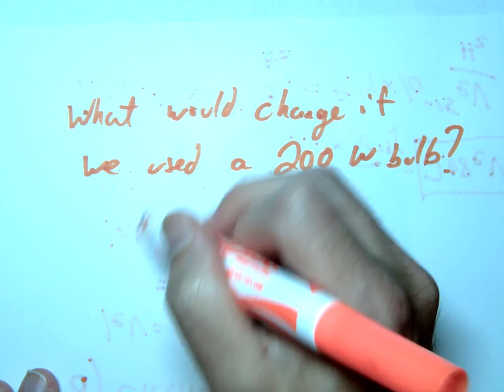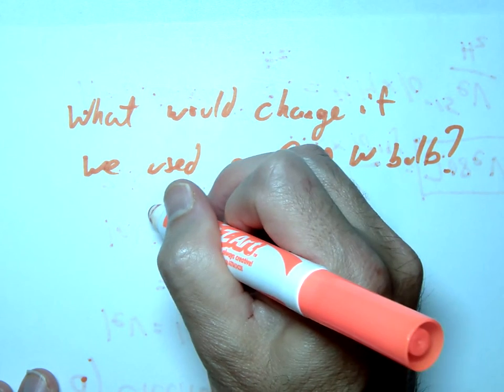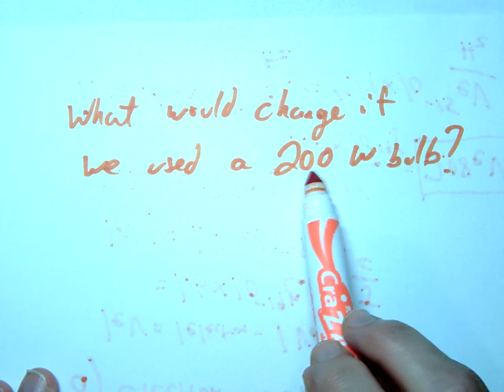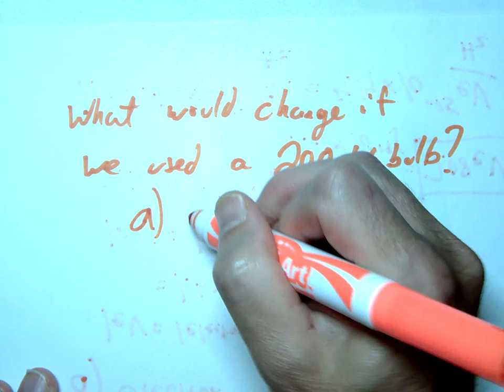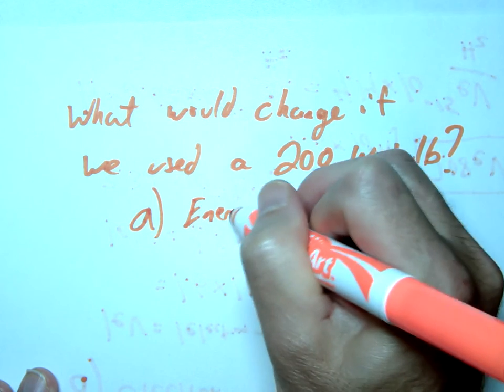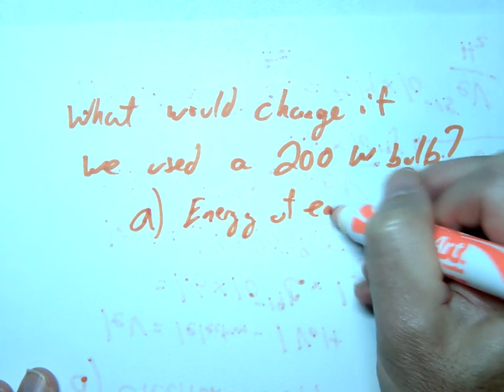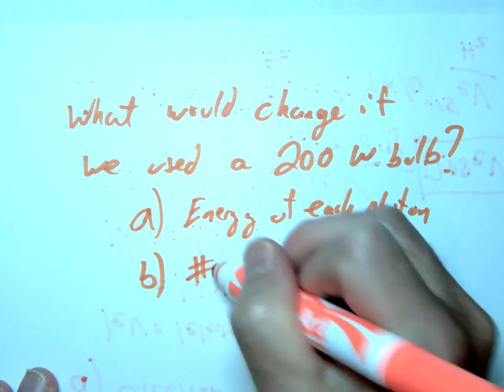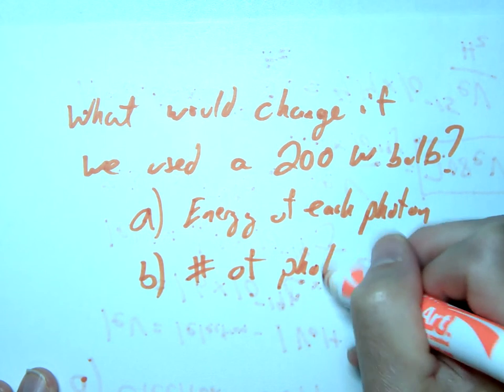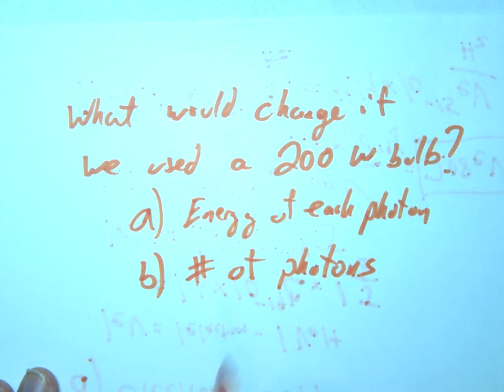One would be the energy of each photon, because we're increasing the energy, right? This is 200 joules per second now. So I want you to think about what would change: the energy of each photon, or the number of photons. So in other words, if we increase the brightness of the bulb, would this cause each photon to have more energy? Or would this produce more photons? So think about that question. We'll go over that tomorrow.